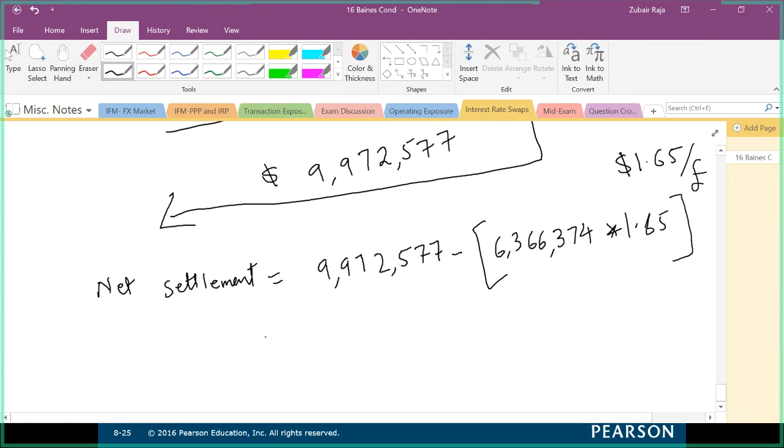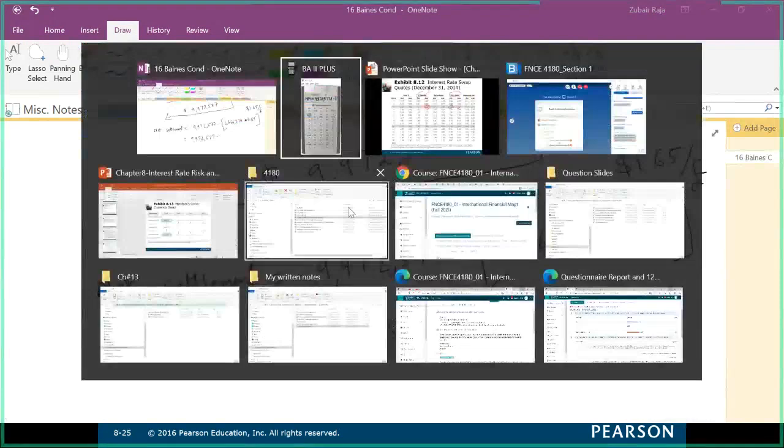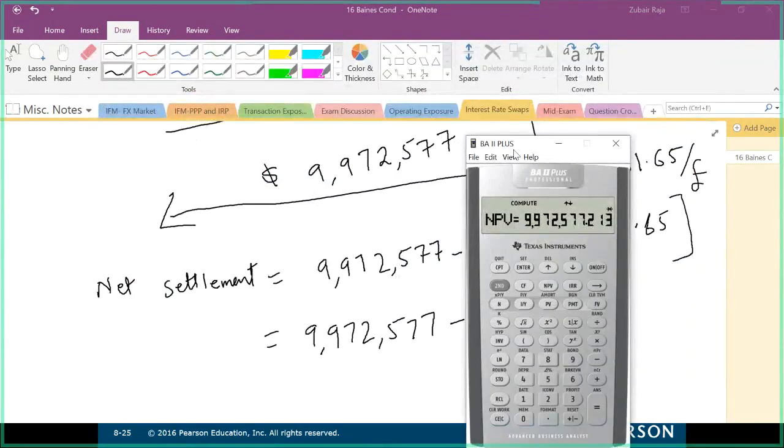Now what we are getting over here, 9,972,577 minus, go to the calculator, do this calculation.